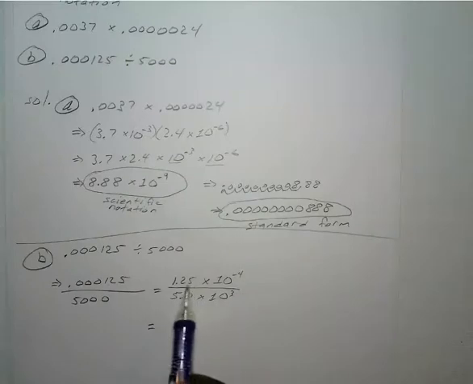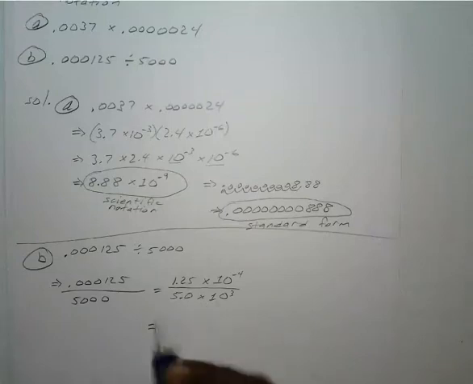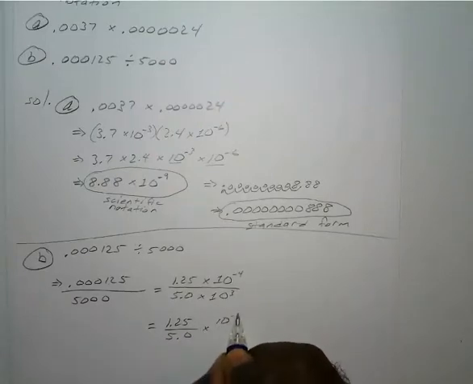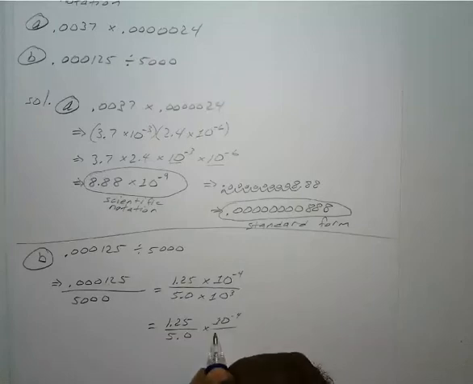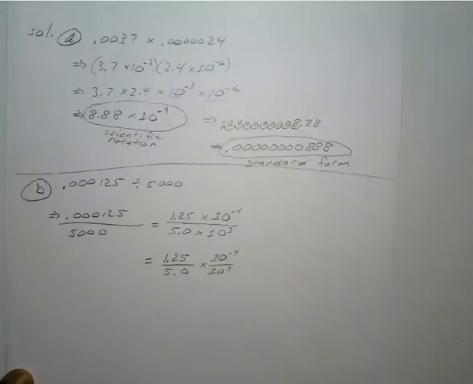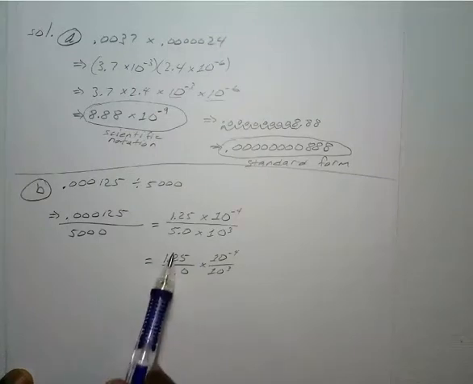All right, now remember, just like before, this is just multiplication up here. This is just multiplication down here. So we can go ahead and separate those. We have 1.25 over 5, or 5.0, doesn't matter, times 10 to the negative 4th power over 10 to the 3rd power. So 1.25 divided by 5 is 0.25.